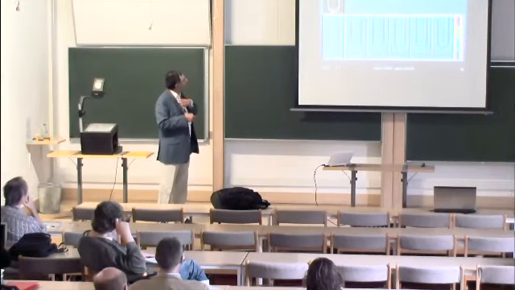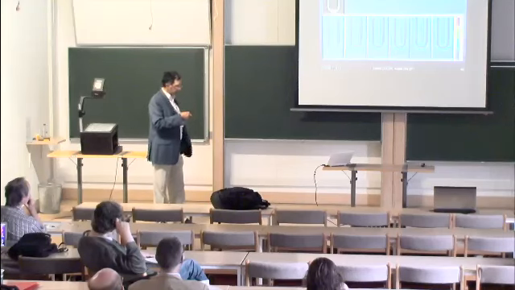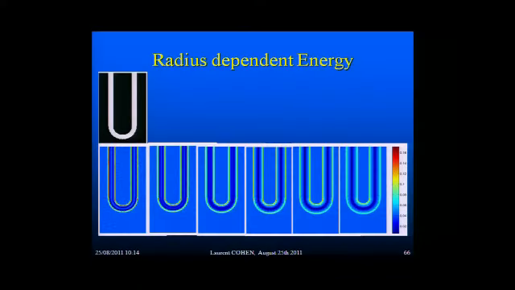So here is a simple example of a U shape, and what you see here is the potential computed for different values of r, and the potential is the smallest where it is dark blue. For small r, the potential is small when you have a small circle that is tangential to the boundary.